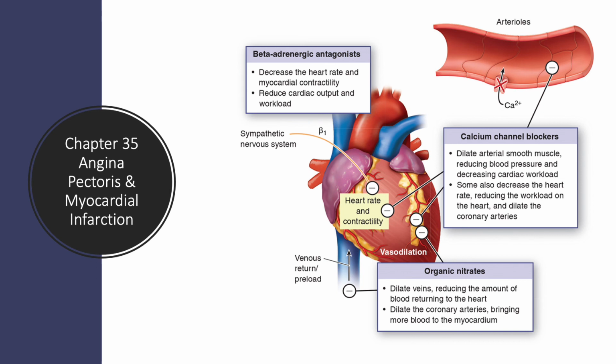So plaque formation gradually progresses over time. The plaques gradually occlude the coronary artery over a long period of time, unless the plaque ruptures suddenly. So if it's a plaque that's just gradually taking up more and more space in the coronary artery, that's a very gradual process.